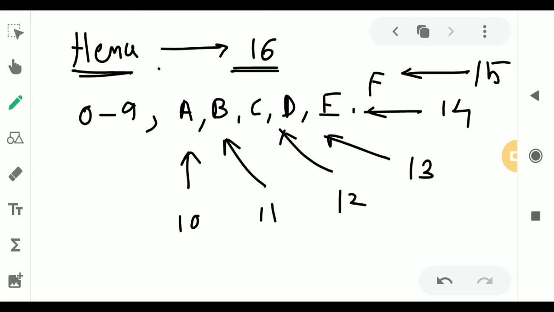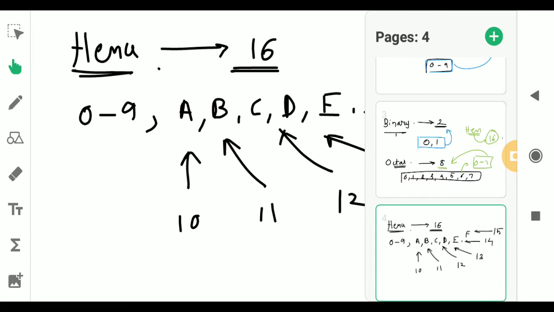So what happens here is, in the decimal number system we make use of 2 digits to represent 10. How is that? We take 1 and we take 0. So we are making use of 2 digits to represent one number, that is 10. But here in the hexadecimal number system, we are just using A to represent 10.